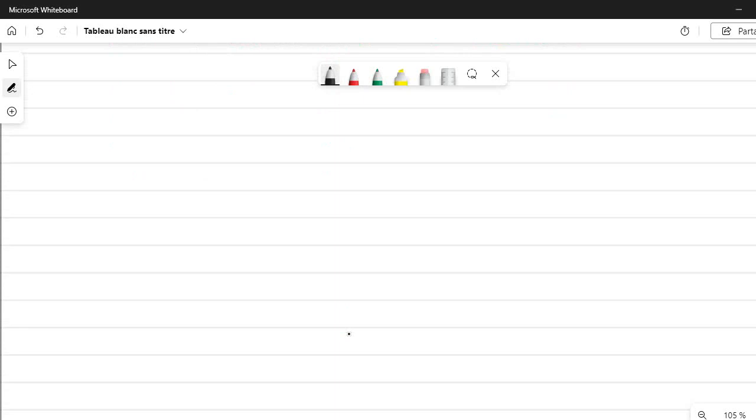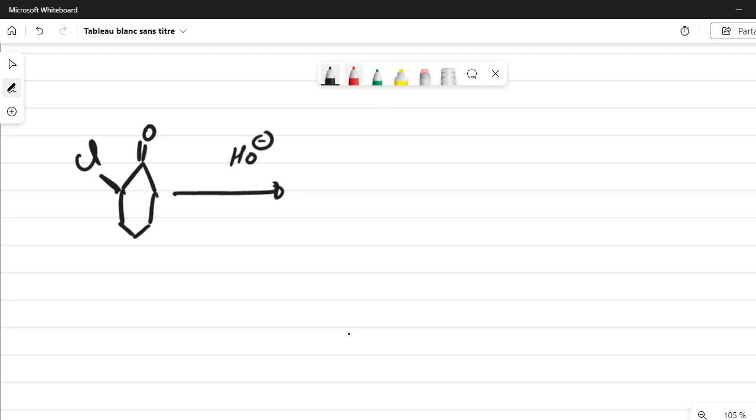Starting from alpha-chlorocyclohexanone, let me just draw the molecule. So C=O, chloro. In the presence of HO minus, which is a base, we're going to have an acid-base reaction.